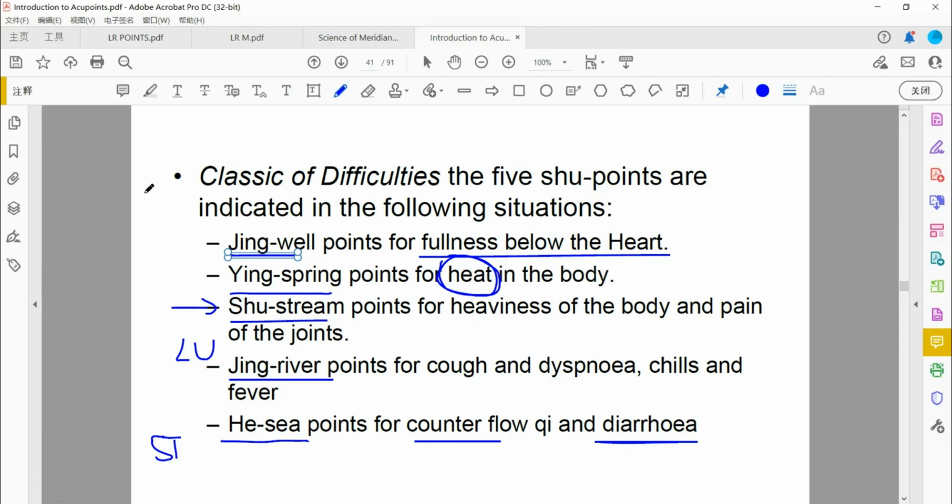So this part is important. If you remember this part, you remember many points: the Jing well, Ying spring, Shu stream, Jing river, He-Sea points, and their actions.